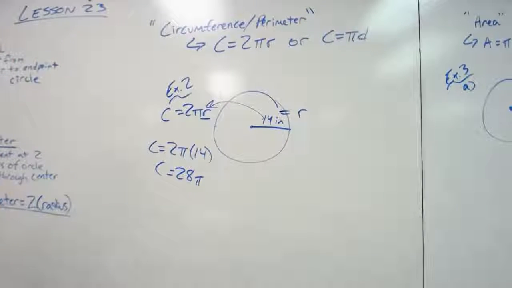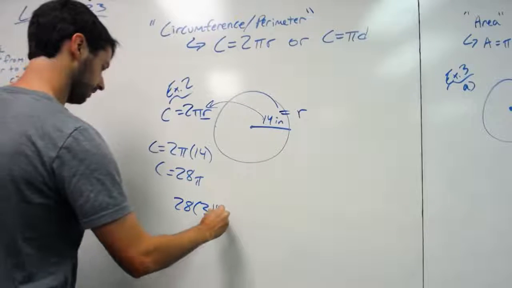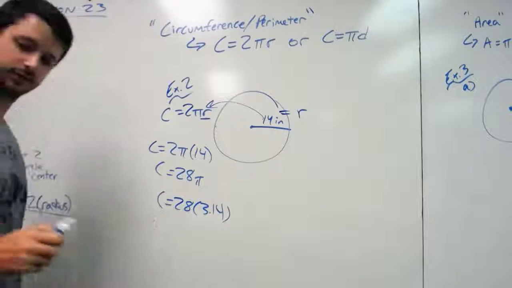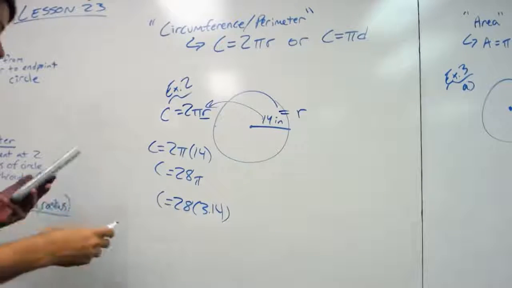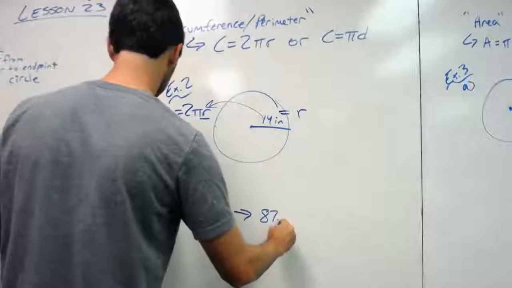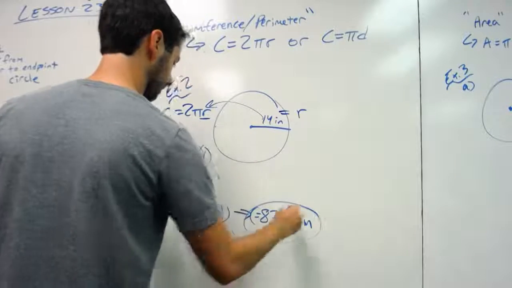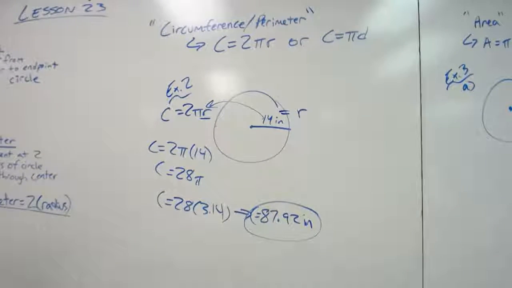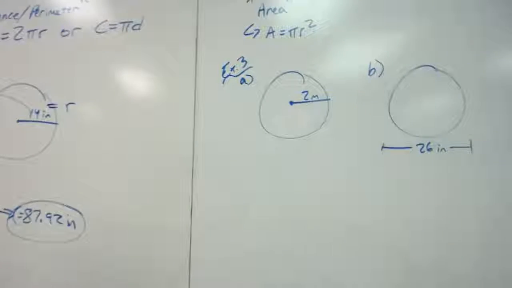The example says use 3.14 for pi, so we do 28 times 3.14, and then round to the nearest hundredth. Put that in your calculator and get 87.92 inches. It refers to perimeter, so it's just inches, not inches squared or anything like that. 87.92 inches. That's circumference.